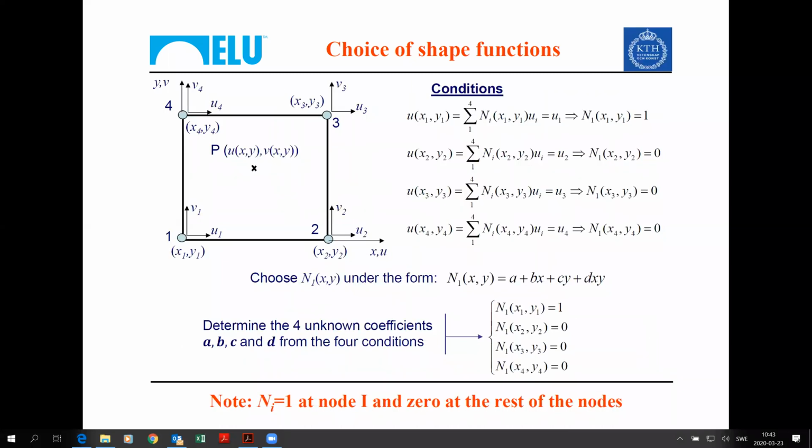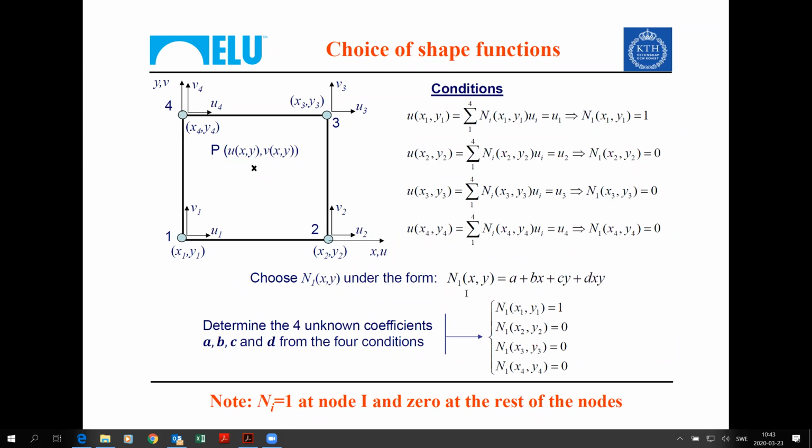Now, are there any conditions, any things that we need to respect when we construct our approximation? You've seen that we are very much focused on using polynomials.